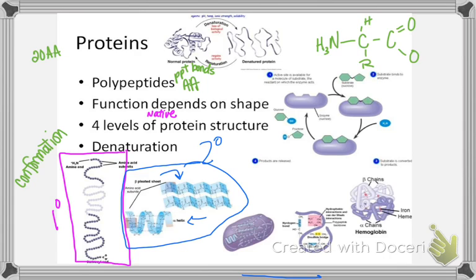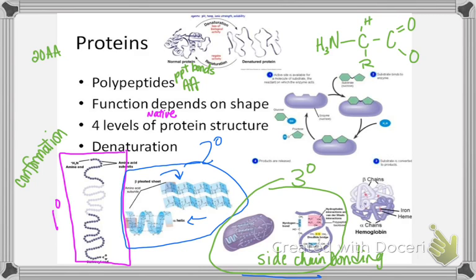Tertiary structure, let's go green. Tertiary, third order, is irregular contortions of a protein due to bonding between the side chains. You can have weak interactions that help to stabilize hydrogen bonds, ionic bonds, and hydrophobic interactions.